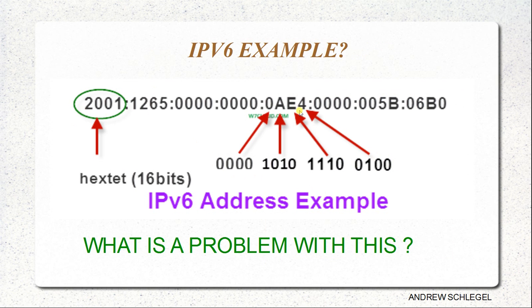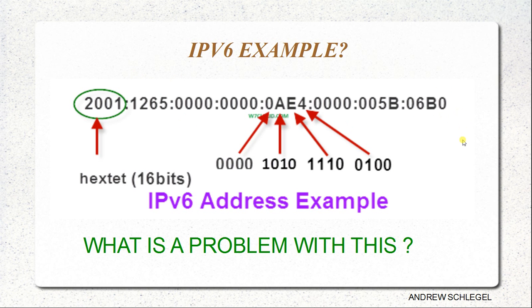You have 1, 4, that's 4. So what's this? 1's place, 2's place, 4's place, 8. So 8, 12, 13, 14. That's an E. Remember, 8 and a 2 is a 10. And then this is a 0. All right, so looking at this, a potential problem is just how huge it is. It's just huge.